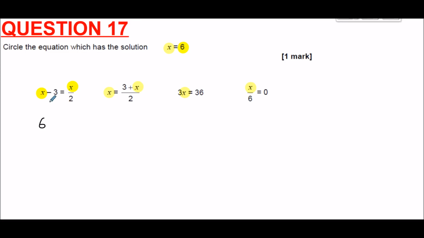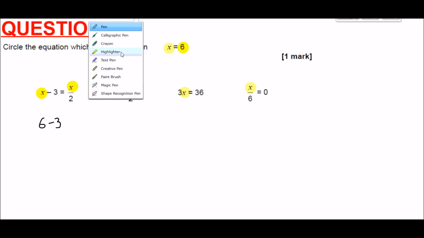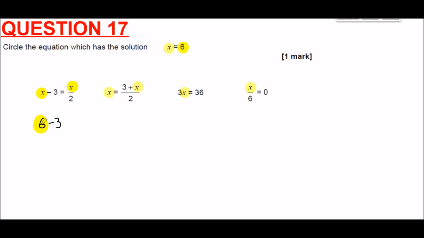So the first one, x minus 3 would mean 6 take away 3, equals 3. And x over 2 would mean 6 over 2, because x, yet again, is 6.